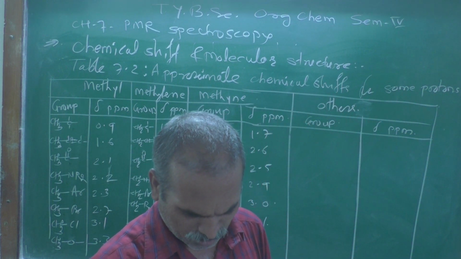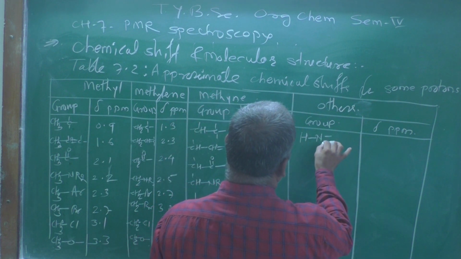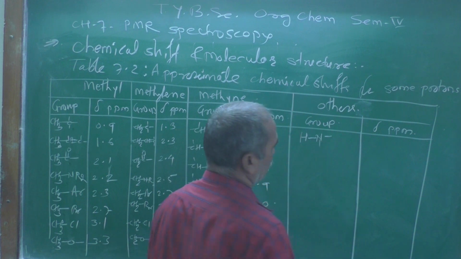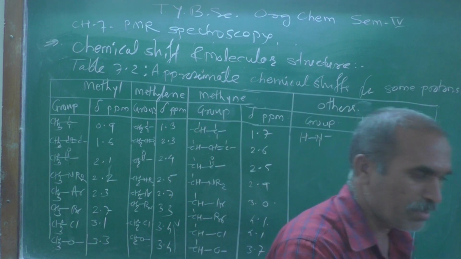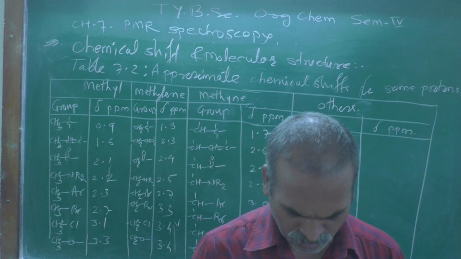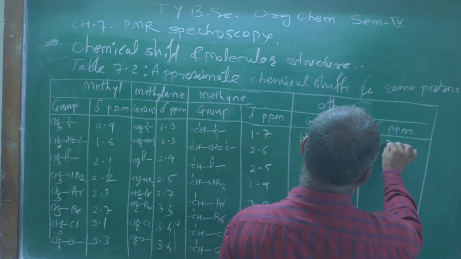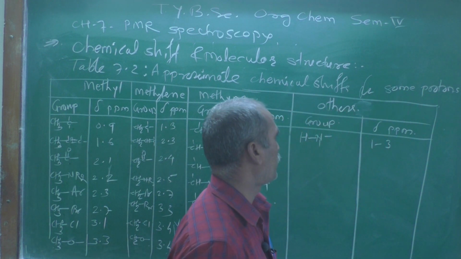Let us see a proton which is directly attached to nitrogen, and there is a variable range. The chemical shift value for this is nearly 1 to 3 delta ppm.